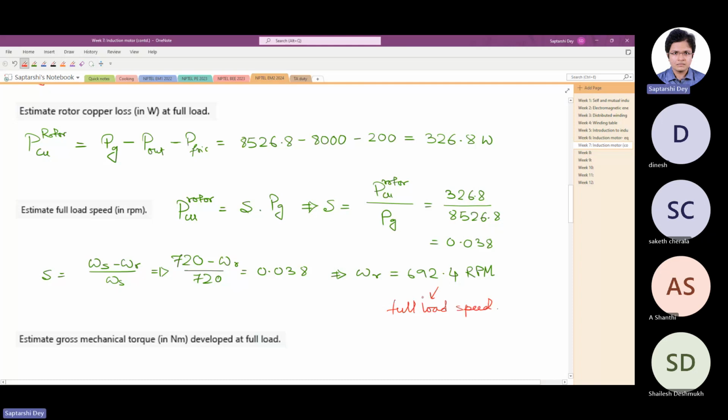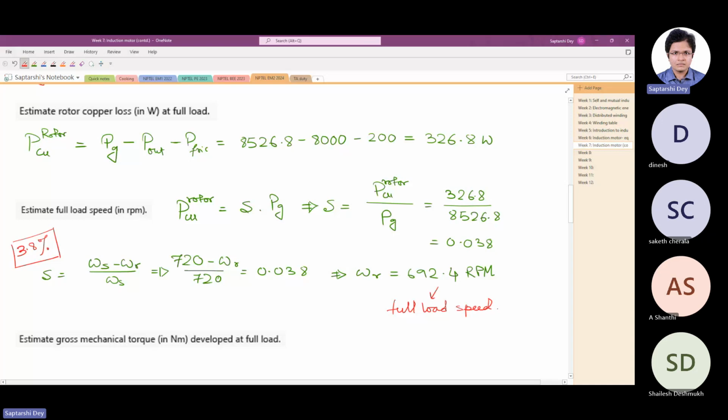Notice one thing here, this data is quite realistic. The full load slip is 3.8% only. That means when the induction motor is fully loaded, only a speed reduction of 3.8% is seen compared to the synchronous speed. No load speed is a little bit lower than the synchronous speed.